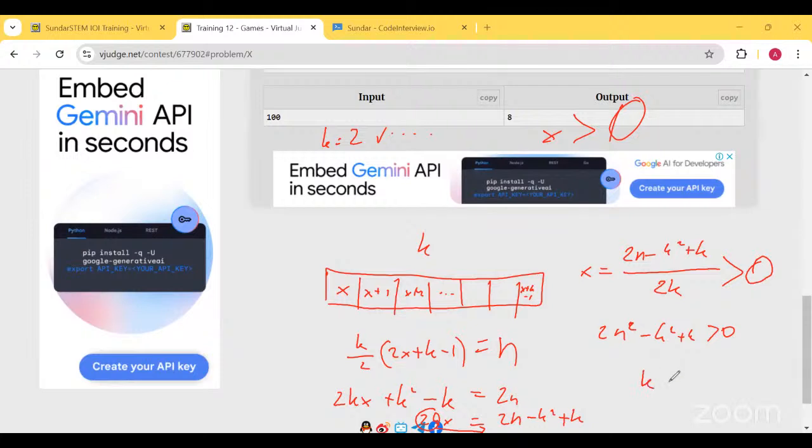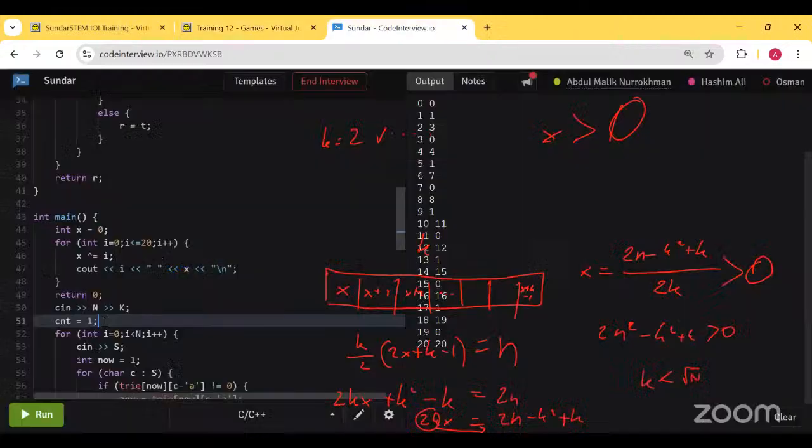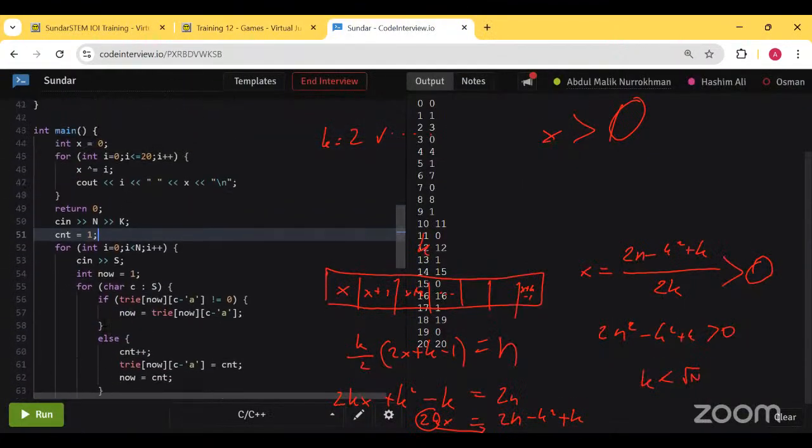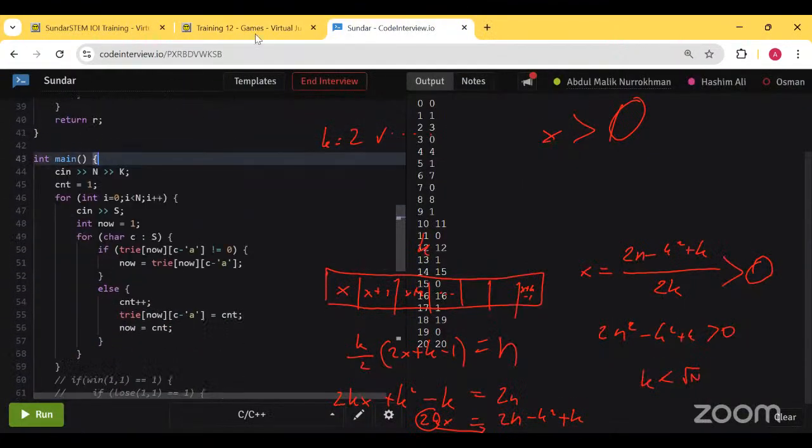So k only goes up to around the square root of n. So we just need to do a for loop until the square root, or more precisely, we can do the for loop like this. Let me show you the implementation.